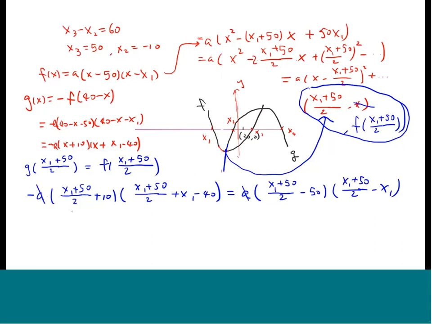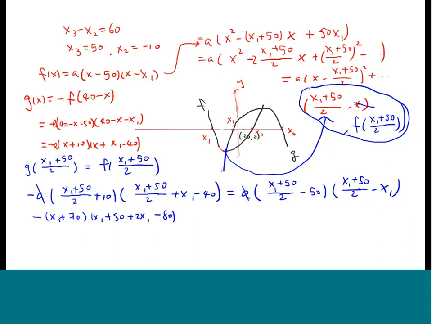Let's see, we remove denominator 2, okay? So minus 1 plus 70 x1 plus 50 plus 2x1 minus 80.